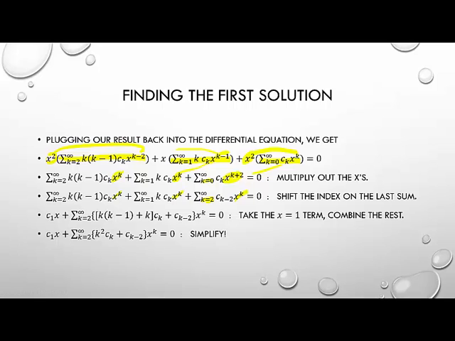Now we take the first term here when k is equal to 1, and everything else here will be the three series put together when k starts at 2. And now simplifying this thing inside, this just becomes a k squared, and then we are ready to establish our recurrence relation.